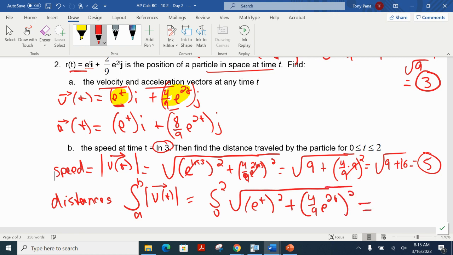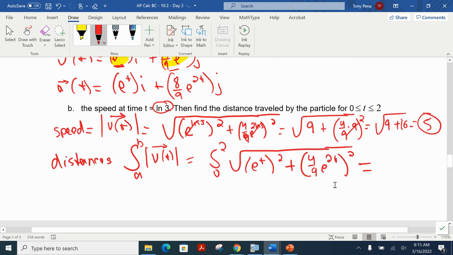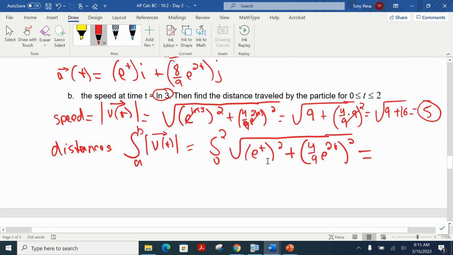I would strongly suggest plugging these in. These get pretty ugly. You've got a lot of parentheses to worry about within the calculator, ugly square roots. Just have a method to do this if you want to clean this up a little bit. First, write it as e to the 2t. If you wanted to square that guy, eliminate some parentheses. It's really up to you. I don't have my key with me. It's at school.